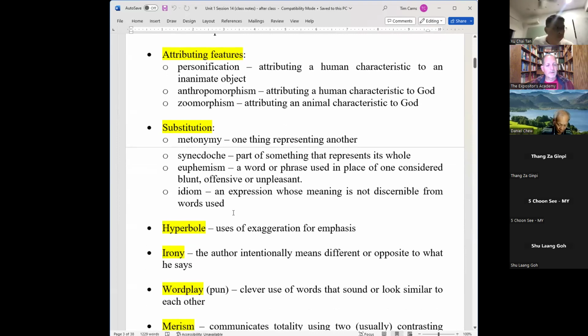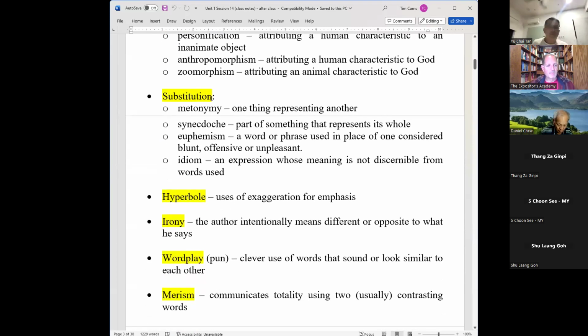Substitution is another category. We have the different types of metonymy, where one thing represents another. Synecdoche is the part of something that represents the whole. So if you speak of the soul of a man, it would represent his whole person. Euphemism is a word or phrase used in place of one that would be more direct or perhaps offensive. And then idioms, which are very common. It's an expression where the literal definition of each word does not mean what the expression means.